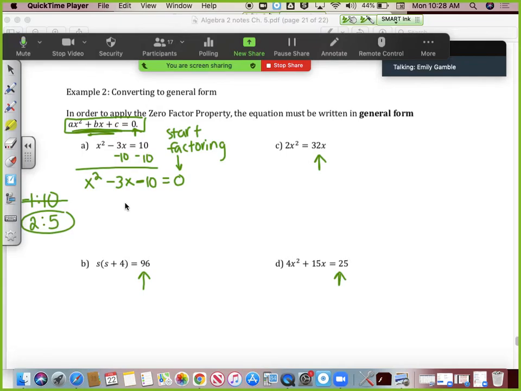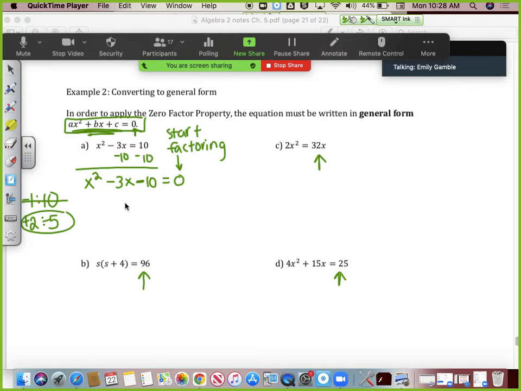So it's a positive 2 and a negative 5, or a negative 2 and a positive 5, and it does matter which is which. If the 2 is negative, negative 2 plus 5, is that what we need? Nope, vice versa. It's going to be a positive 2 and a negative 5 because positive 2 minus 5 equals negative 3.